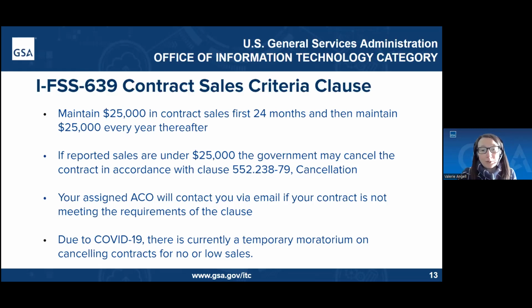So this moratorium is in place at this time. It is unclear whether or not this will be extended, and you do still want to be aware of this clause for if and when the moratorium is lifted, and you are still encouraged to make effort to obtain sales against the contract.